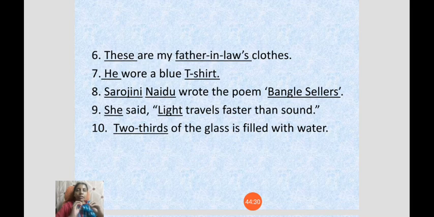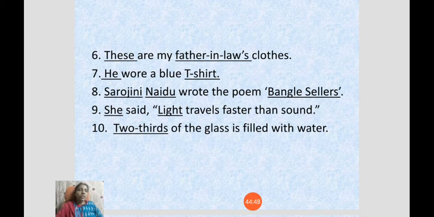Whatever the first letter of that sentence is, you write it with capital. So light is the first word in this sentence in the quotation marks. Only look at the quotation marks. So L is written in capital.